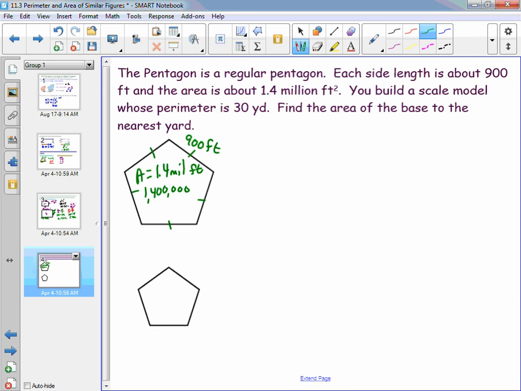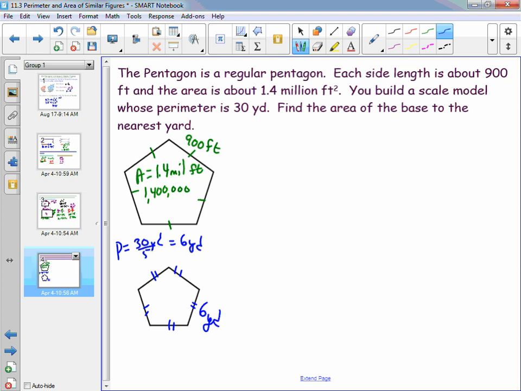Alright, and then we also have your model here. With your model, again, we know all the sides are the same, and we know that the perimeter equals 30 yards. So we're going to divide that by 5 and find that each side is 6 yards.